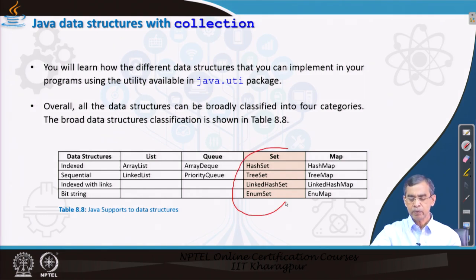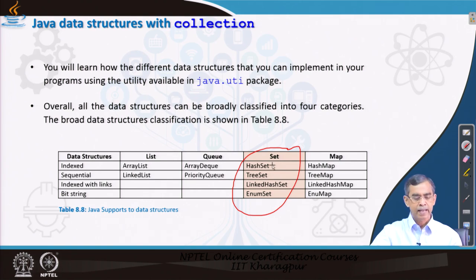Now, in summary, a set can be maintained using either hash set or linked hash set or tree set, and there is also a possibility of maintaining a collection in the form of a set of enumerated type elements.